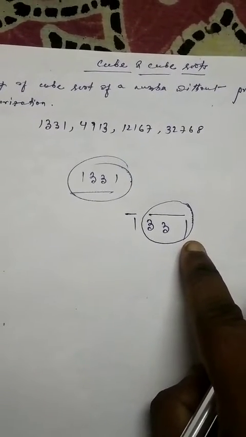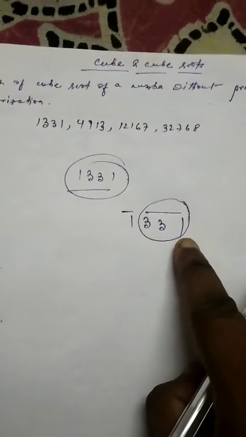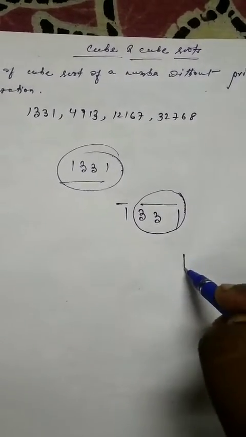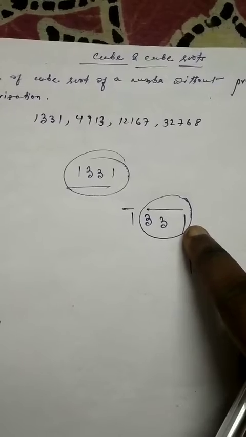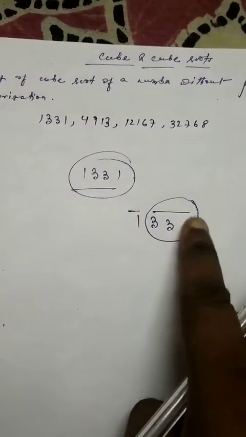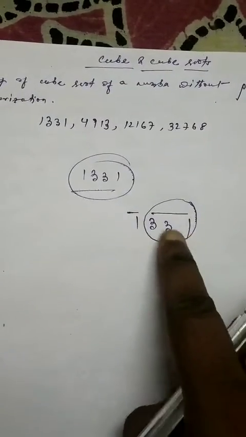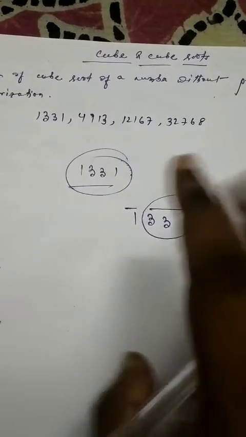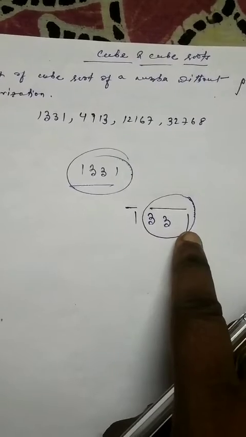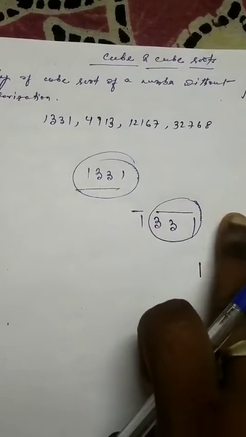So we have to find the cube of this unit digit. 1's cube is 1, so I am writing 1. From this group, the function is over. No more dealing with this group. Because as I can see, the cube of 1 is 1, so I wrote 1 over here.